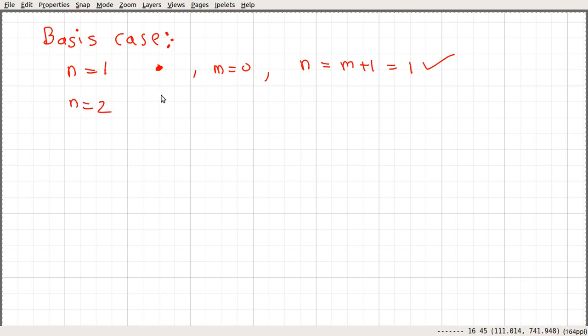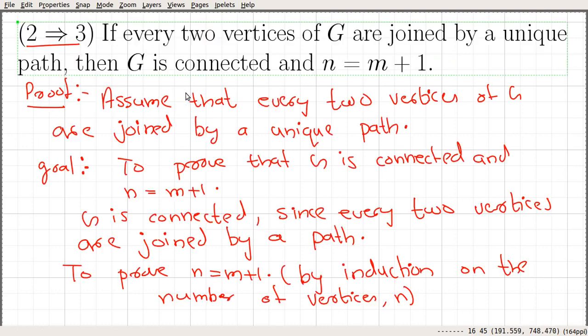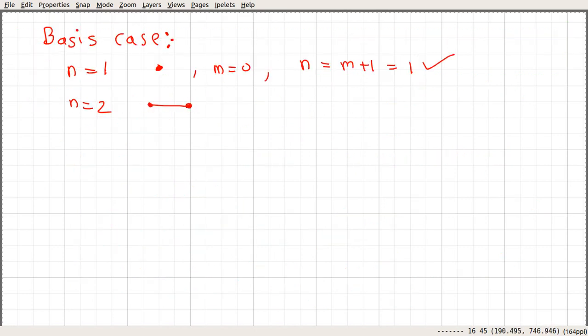Let's consider n equal to 2. For n equal to 2, we have a tree on 2 vertices. Since it is a tree, it is connected by this edge, and there exists a unique path. So it looks something like this. Here m equal to 1, and m plus 1 equals 1 plus 1, which is equal to 2.